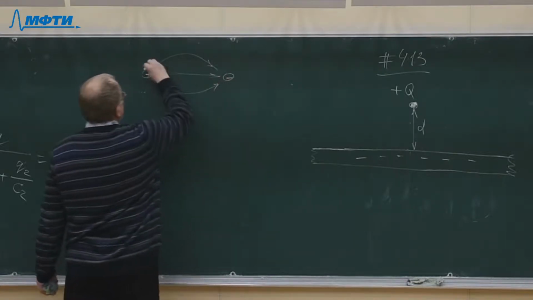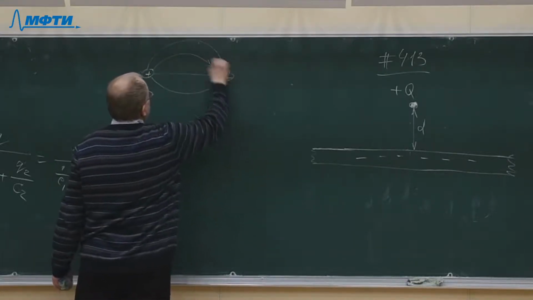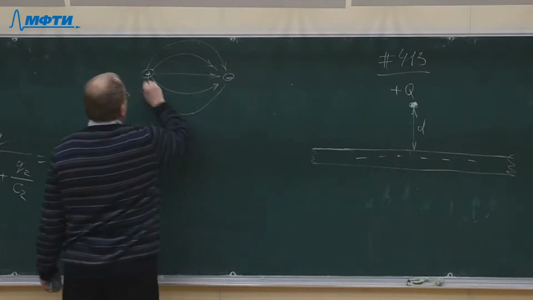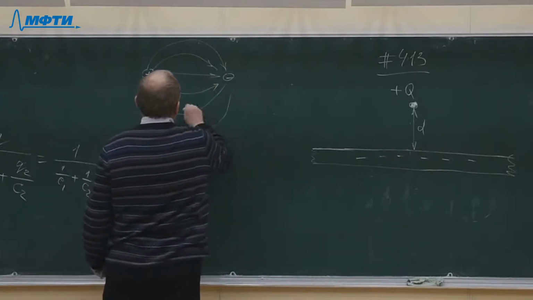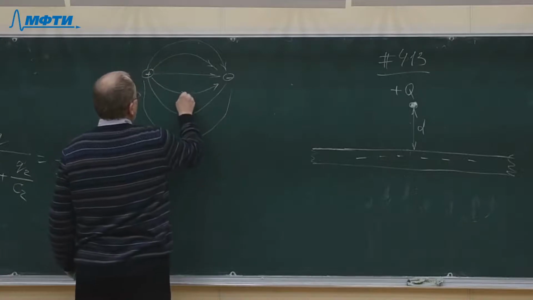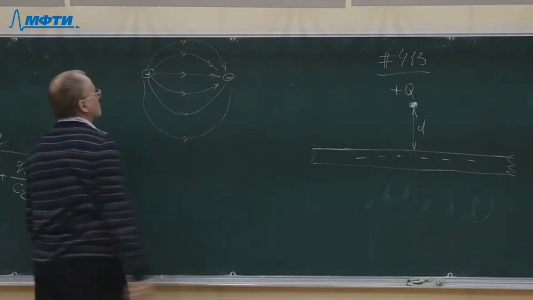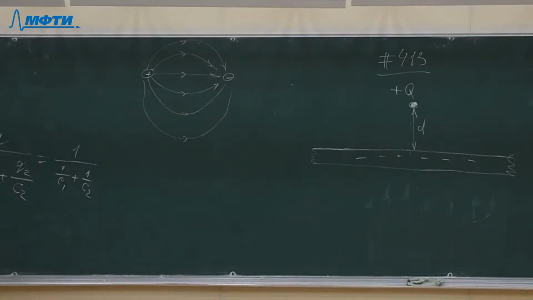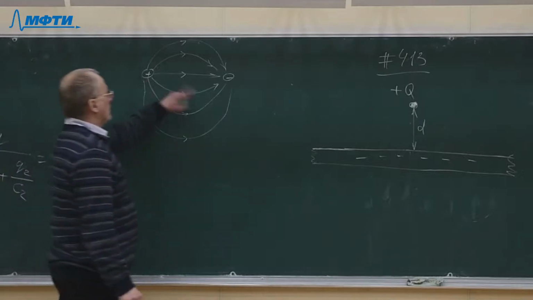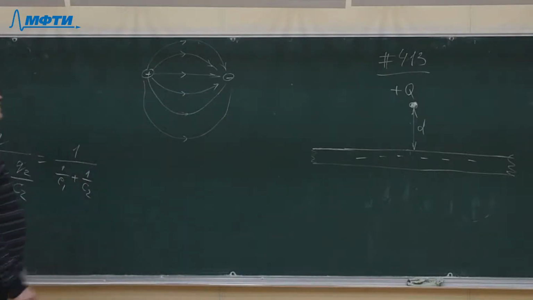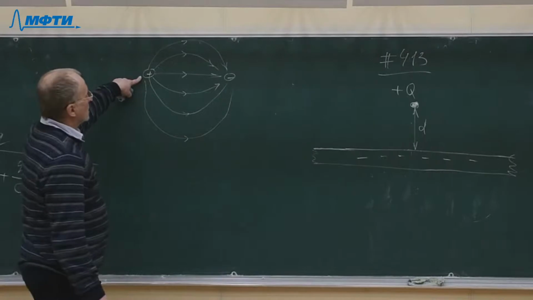The field lines will be like this, and so on, and so on. So the field of two unlike charges is well known if these two charges are point charges.